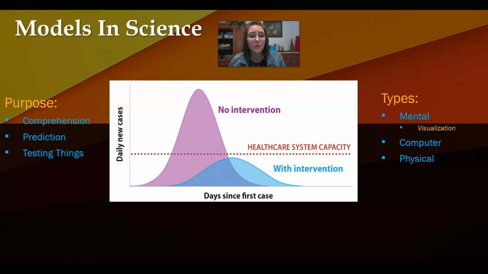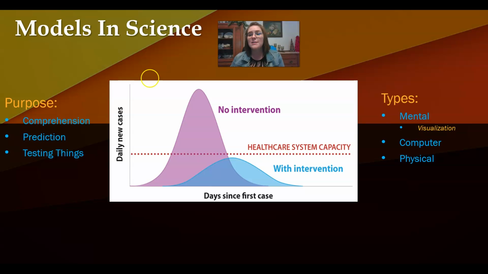There's also really difficult things that it makes us more able to comprehend, like the size of the universe. You have to make that with a model that shows things in relative sizes. Otherwise, you just can't even think about it because it's just too big and too old of a thing for your brain to process. We can use it to make predictions and test things. That's really big.